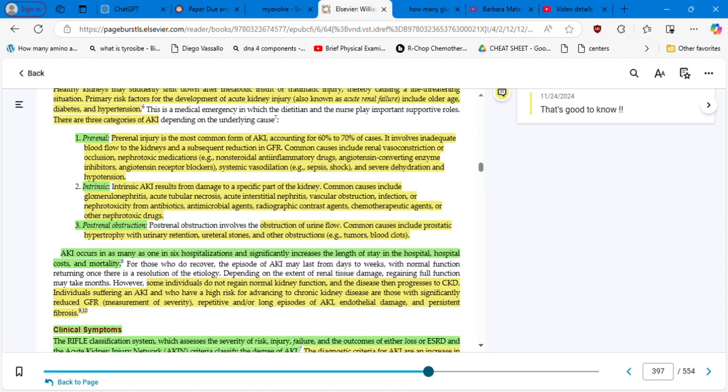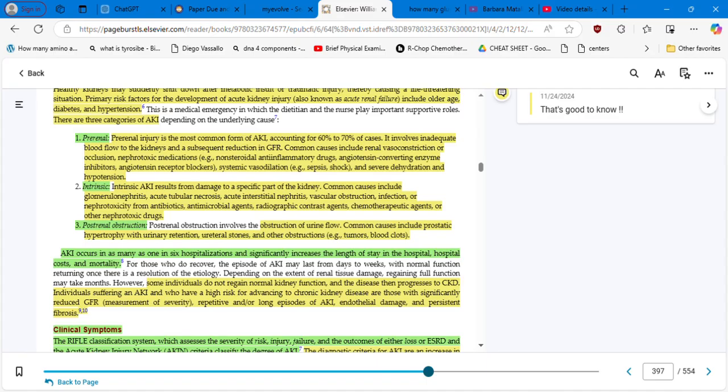Systemic vasodilation happens when the patient is having sepsis or shock, okay? And severe dehydration and hypotension.